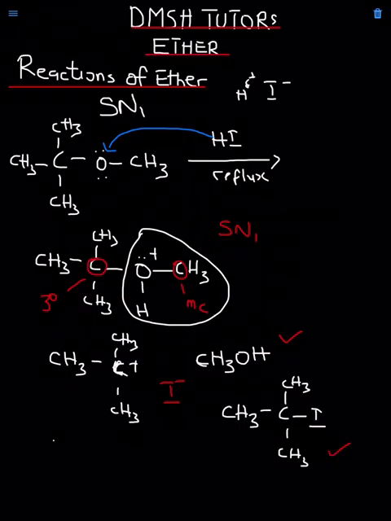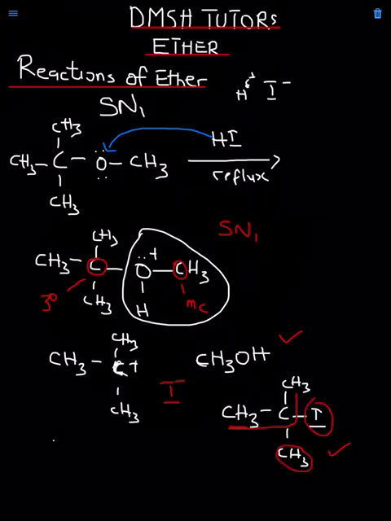So we have formed methanol, and we have formed 2-iodo-2-methylpropane. This is also an alkyl iodide, and to name this compound, this is the locus carbon, and this is the attachment: this iodine, this methyl.